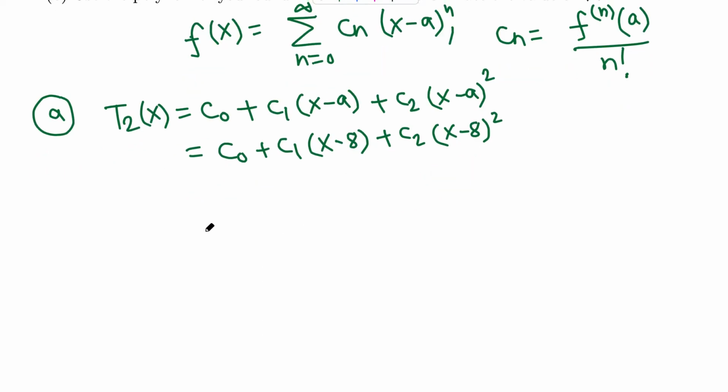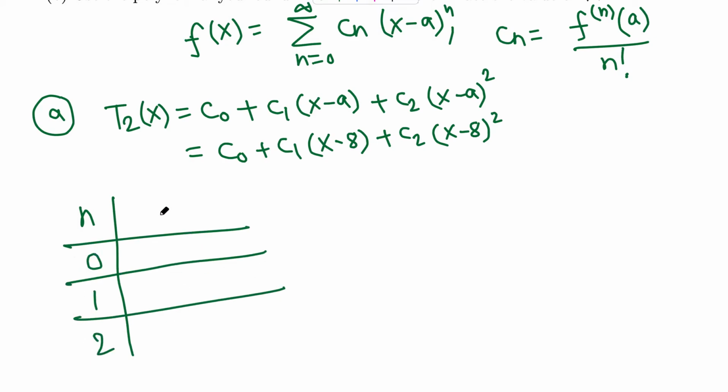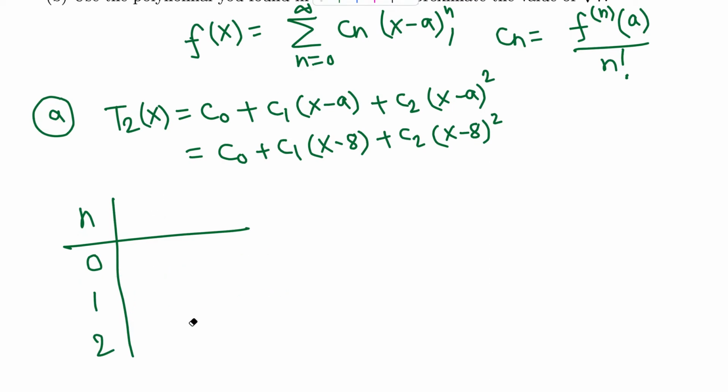So let's make a table. For the n values, we have 3 of them, 0, 1 and 2, and we need to find the nth derivative of the function.